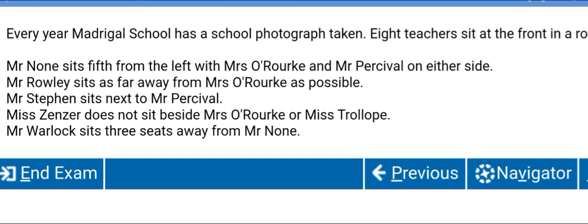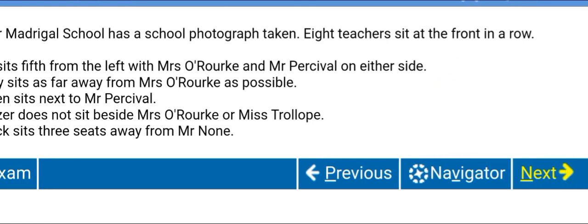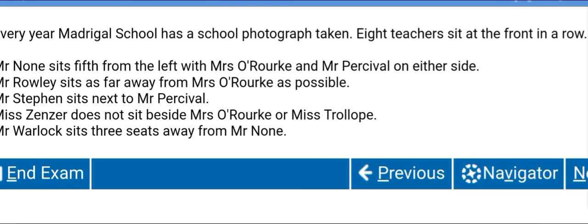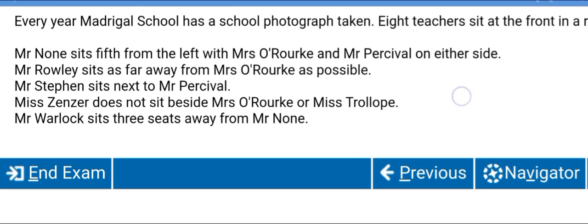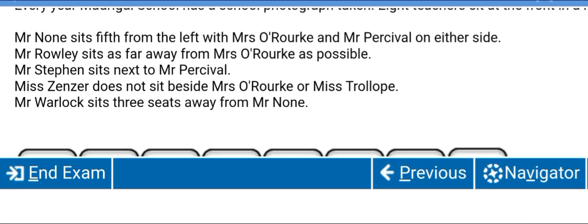Every year, Magical School has a school photograph taken. 8 teachers sit at the front in a row. Mr. Nunn sits fifth from the left with Mrs. O'Rourke and Mr. Percival on either side.